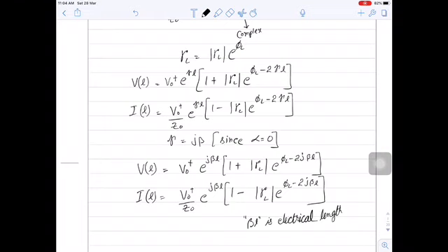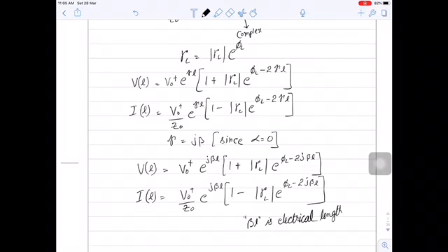The only thing which is the main concern for us is 1 + |Γ_L| and 1 - |Γ_L|. Since e^(jφ_L) e^(-2jβL) is common between these two equations, it clearly states that as the voltage increases, the current decreases. That means voltage and current are 180 degrees out of phase.